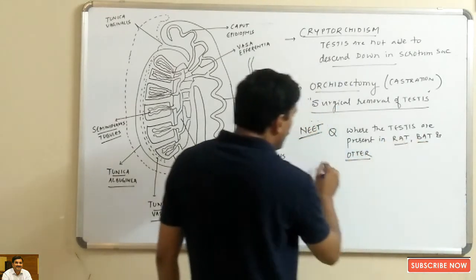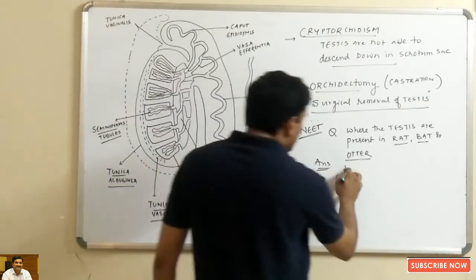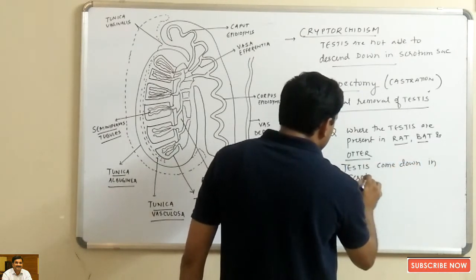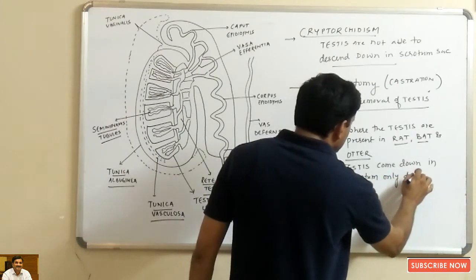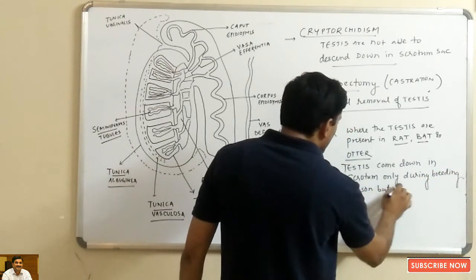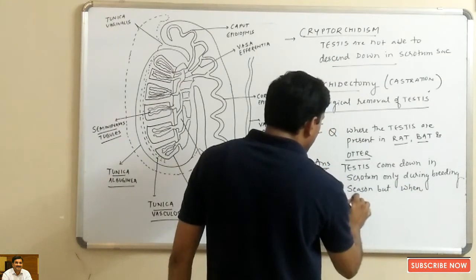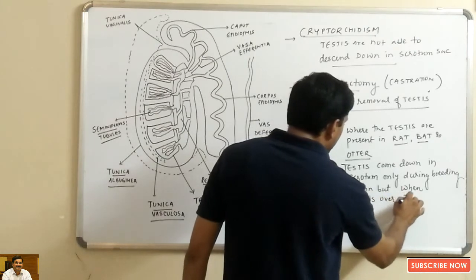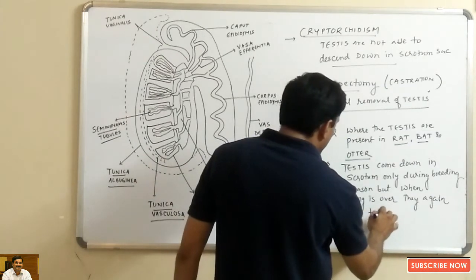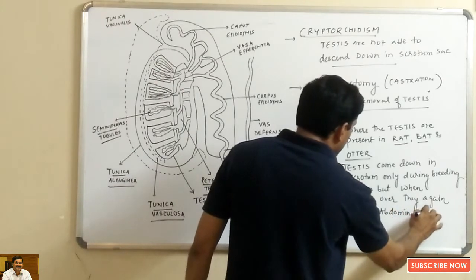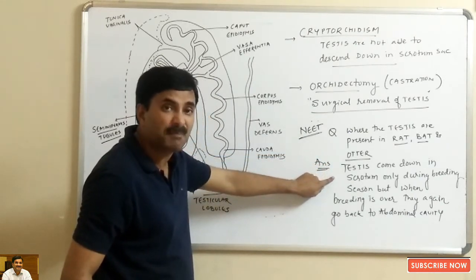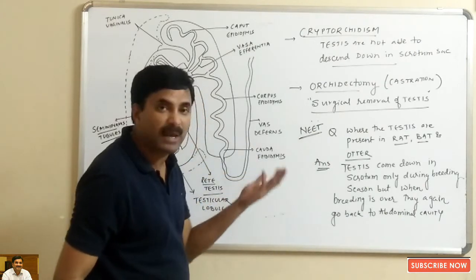The answer is that the testes come down into the scrotum only during the breeding season for a temporary period, and when breeding is over, they again go back to the abdominal cavity.